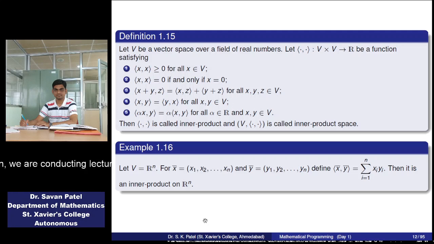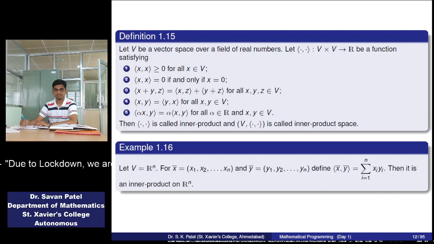Let's see an example. V is Rn, a vector space over R, with inner product defined as inner product of x with y as summation of xi yi, i running from 1 to n. Then it is an inner product on Rn. The first property is obvious, since summation of xi times xi means summation of xi square, which is always non-negative.